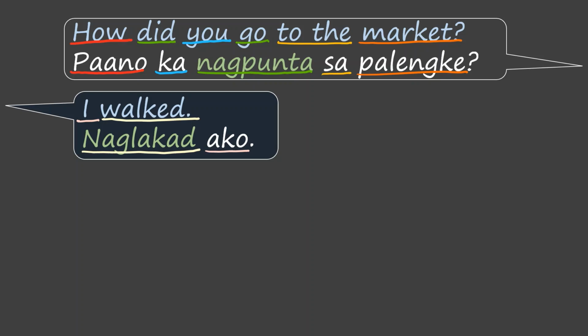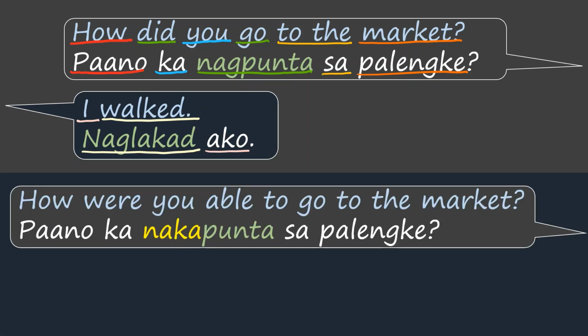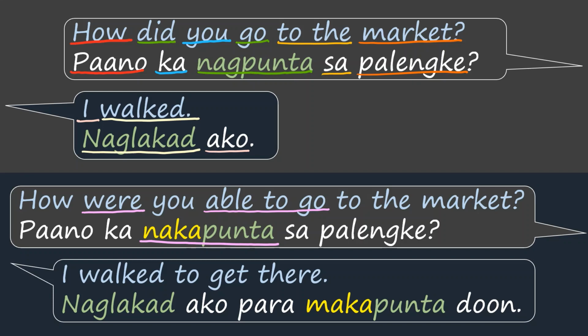in our previous lessons. But let us look at an alternate version which uses new forms of verbs. How were you able to go to the market? Paano ka nakapunta sa palengke? Were able to go, nakapunta. I walked to get there.